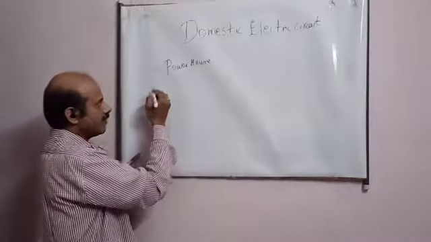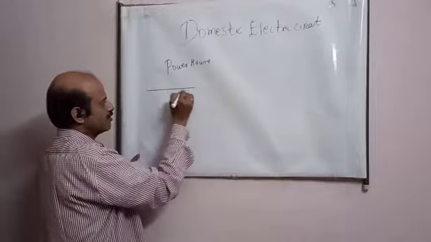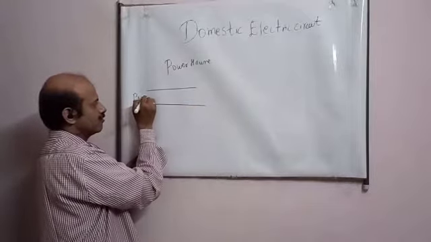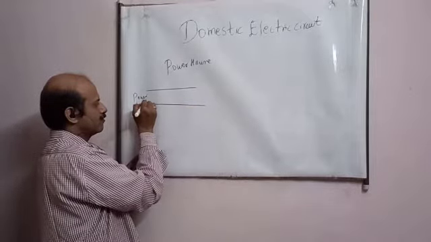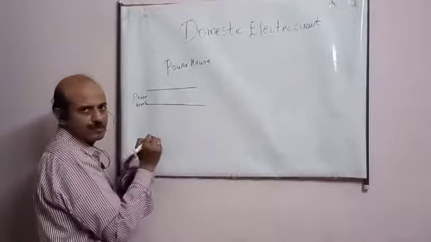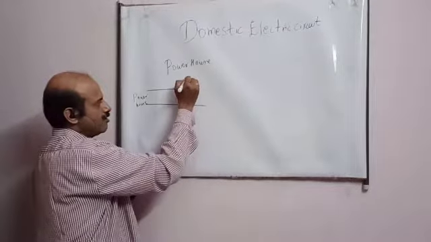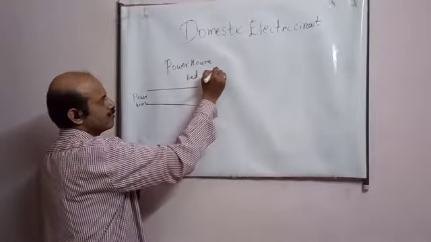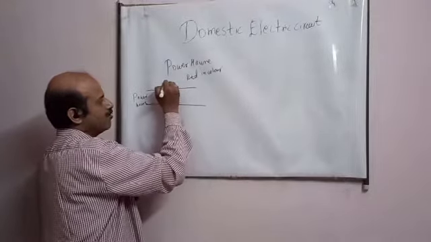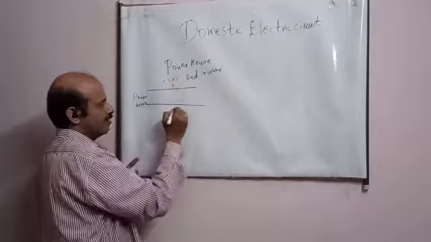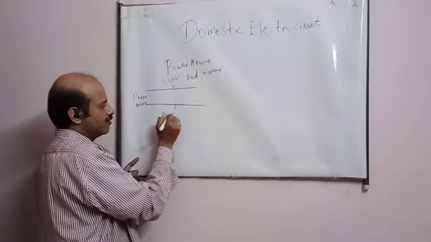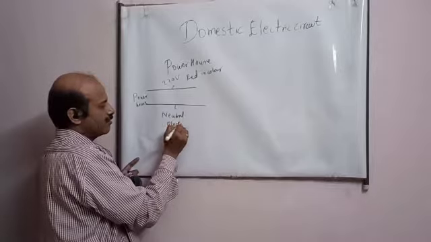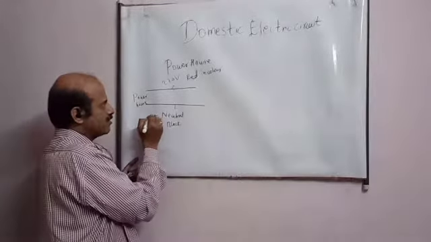So in our home there are two wires which come from the powerhouse. One is usually red in color. This is at 220 volt, student, and this is neutral. This is generally black in color. This is at 0 volt.